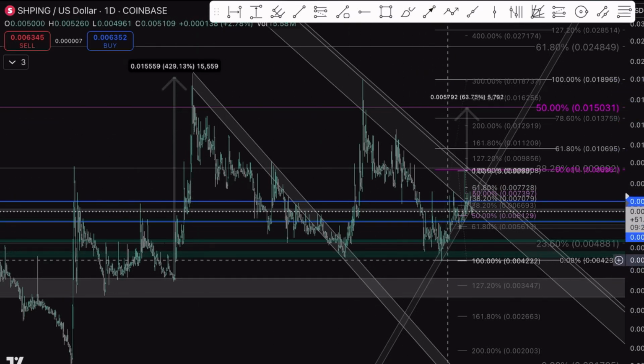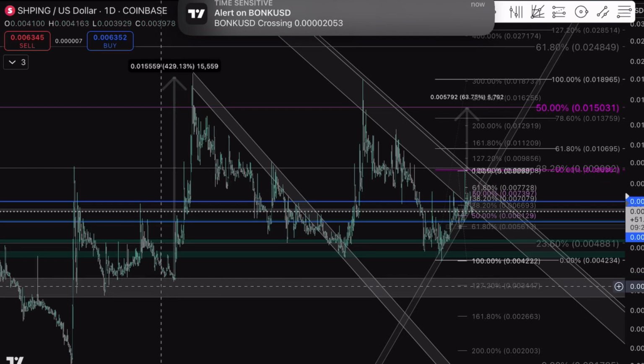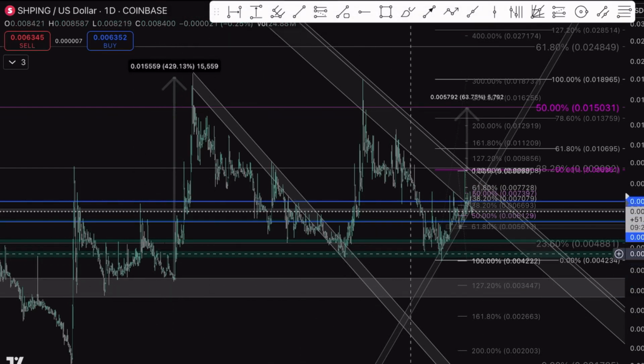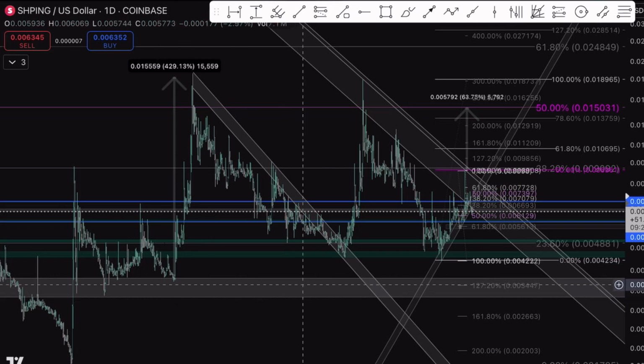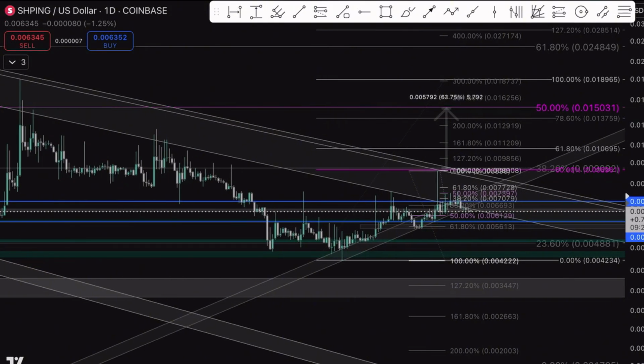It has a little double bottom right here, which is a higher high than these lows right here, a higher low than these over here. Which is interesting, which means that it could be trying to make its way out of here. So I would pay attention to that.